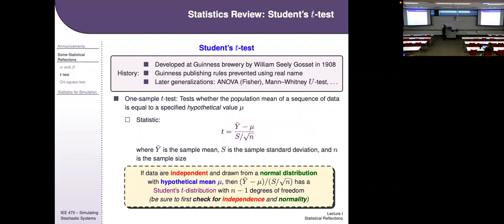So in order for this to work, we need the data that generated that y bar to have been drawn independently, and we need the data to come from a normal distribution. And under the null hypothesis, that normal distribution will have this hypothetical mean mu.